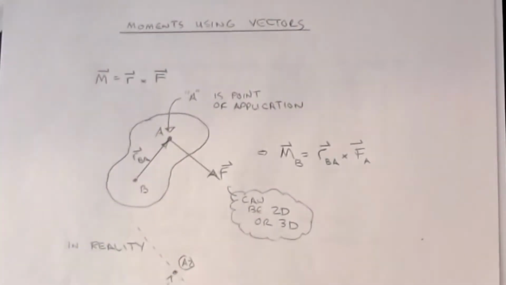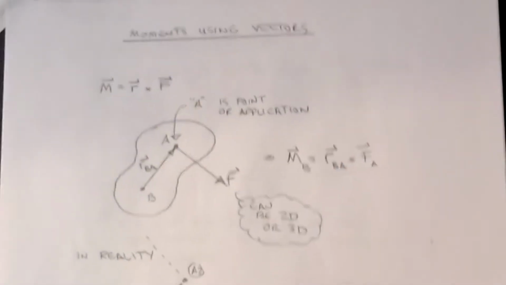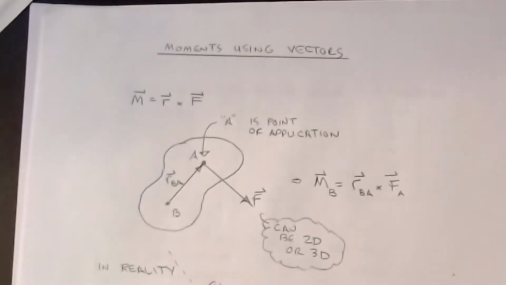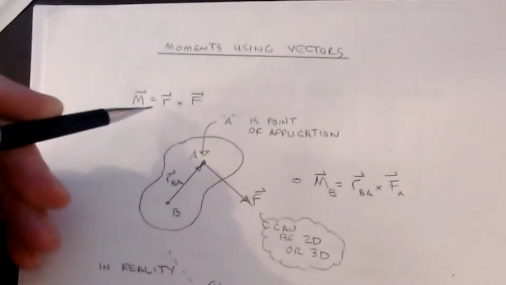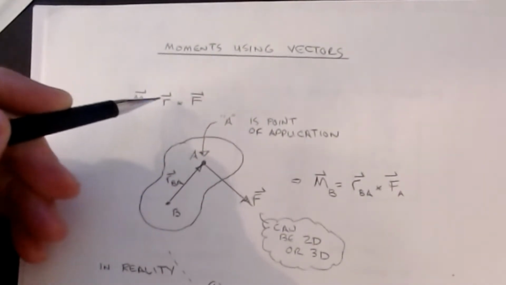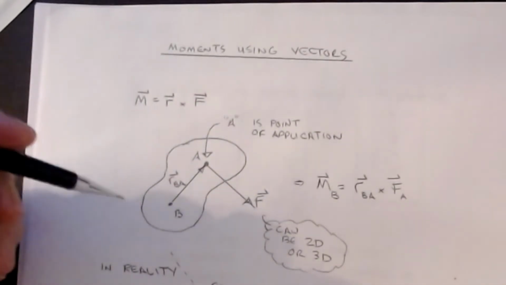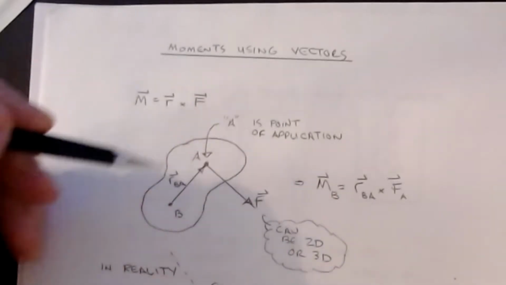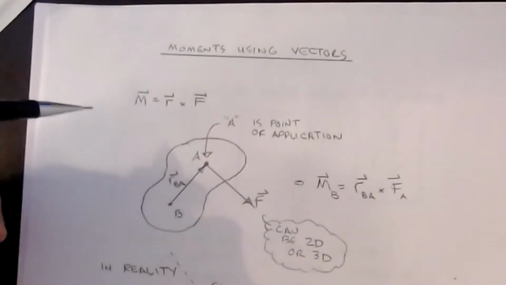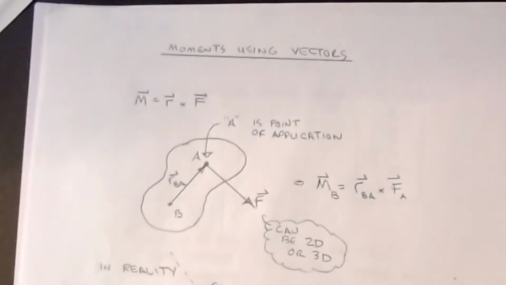So in our previous discussions, we had set up our moment vector equation M as being the cross product of a position vector R into a force vector F. And so what I've got here is kind of an arbitrary shape. Now, the thing that's cool about this method, where when we were doing scalars, as we talked about in the last video, we were bounded by having to be able to do things with perpendicular distances.